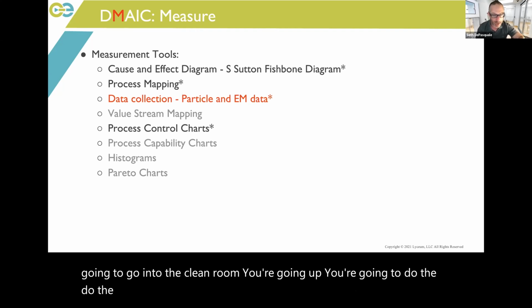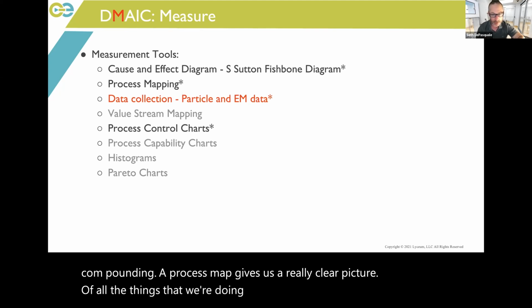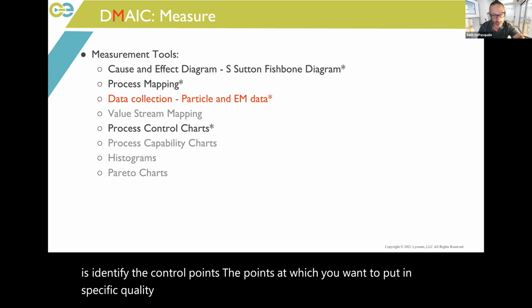A process map gives us a really clear picture of all the things that we're doing during a process. And what it can also do is identify the control points, the points at which you want to put in specific quality controls to mitigate any kind of risk for contamination at that particular point.